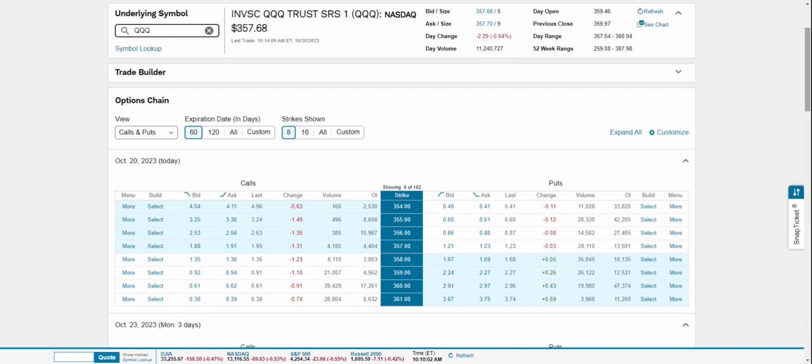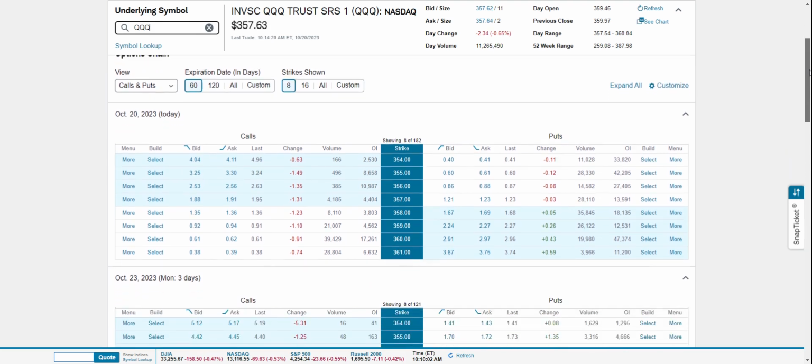So if the NASDAQ index goes up or down, this follows that, but you can buy individual shares. More on that in the future. I just want to show you what the chains look like and what the different components are.